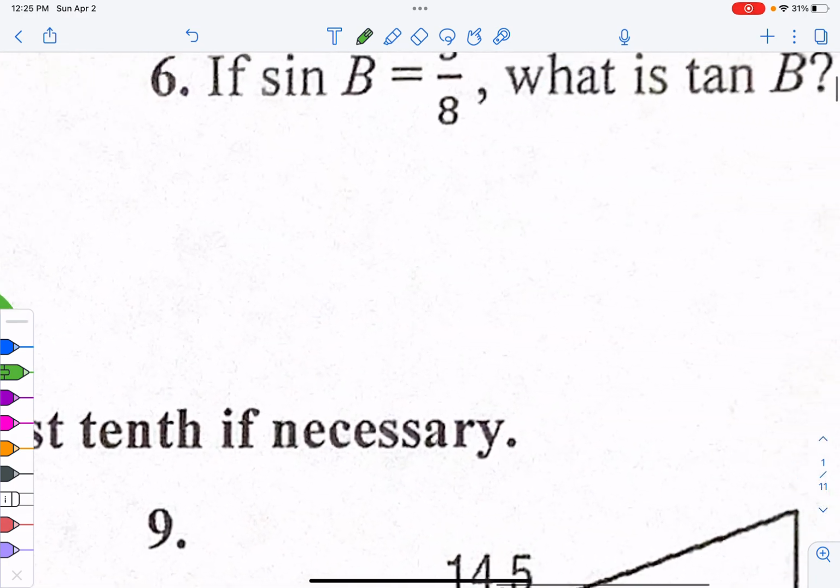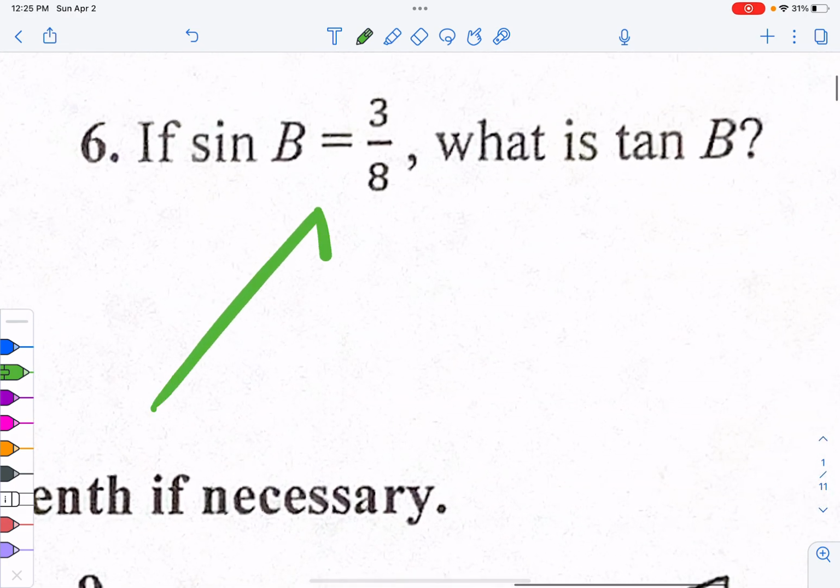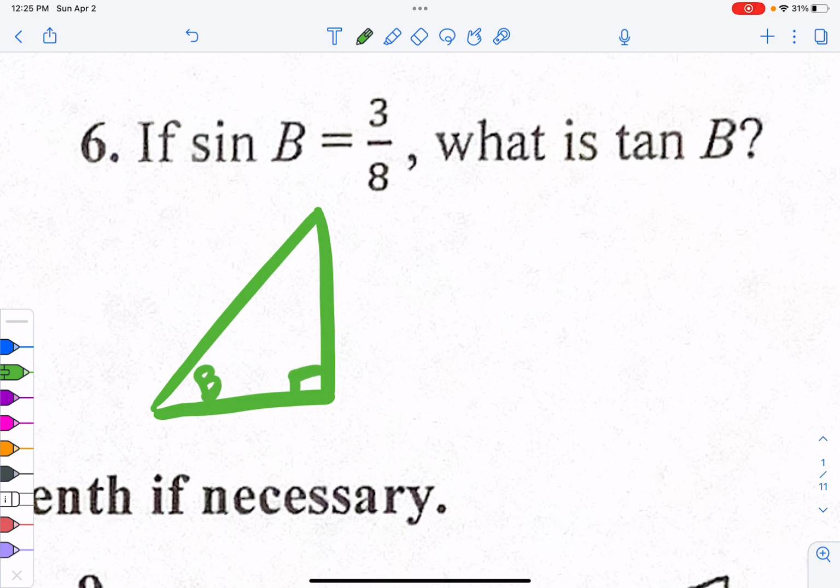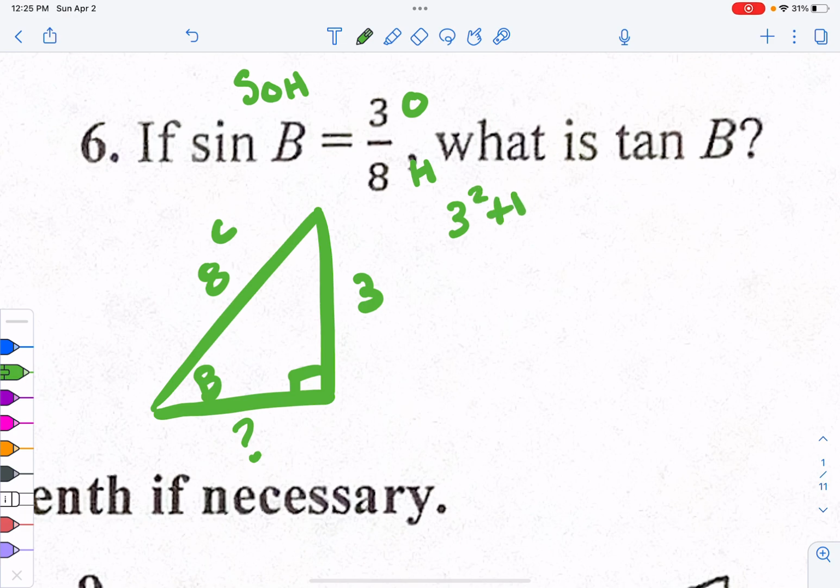All right, number 6. We've got our triangle here, and they call it angle B. Sine is SOH, so we have the opposite and the hypotenuse. Opposite side is 3, hypotenuse side is 8, okay? And then we have to find this third one. My side C is 8, so let's go 3 squared plus B squared equals 8 squared.